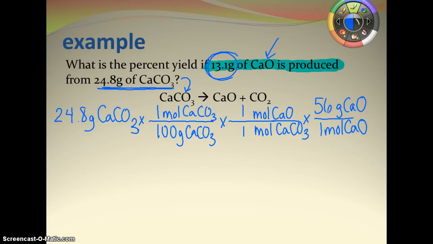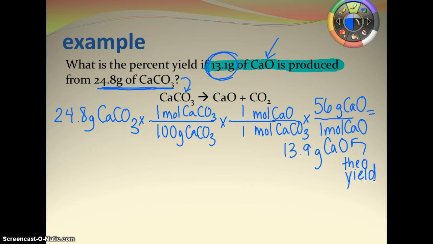So now we can do our math. 24.8 divided by 100 times 56. Keeping sig figs, we got 3 sig figs, so it is 13.9 grams of calcium oxide. And this is our theoretical yield.